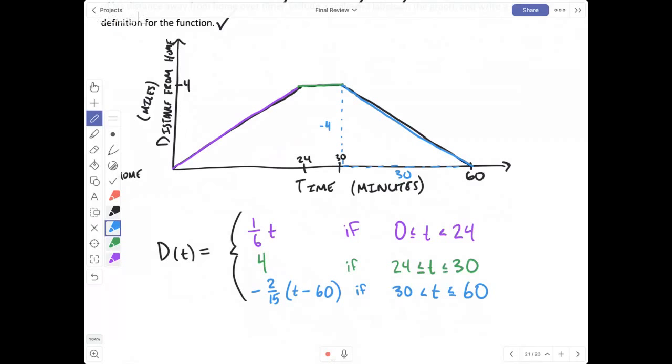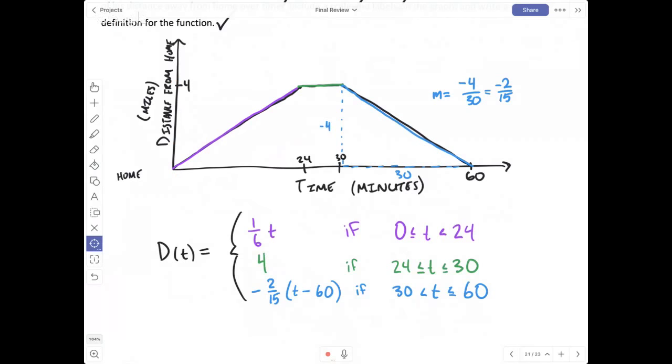So being somewhat familiar with Algebra 1, I knew that the slope of a line would be given by its rise over run. So I said that the slope m for this blue section would be equal to negative 4/30ths, which I reduced to negative 2/15ths. Now, if I just graph the line like here, this was just 1/6 t, right?